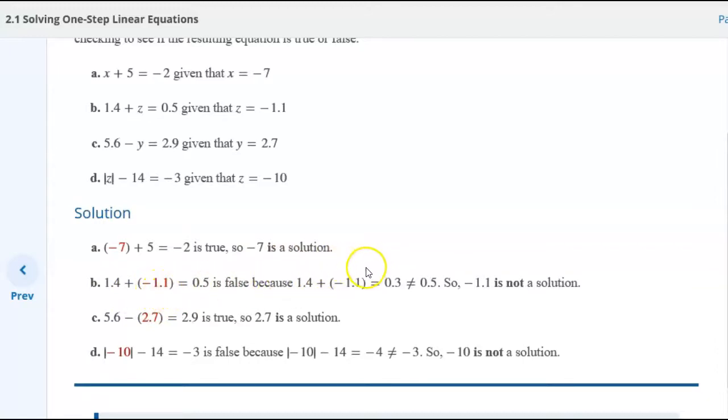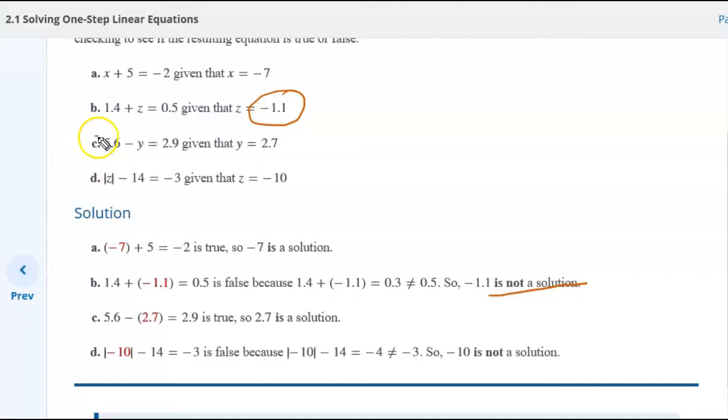So when we do so, we end up with the answer. Take some time, pause the video if needed, and you get 0.3 does not equal 0.5. So in this case, the negative 1.1 is not a solution, and it doesn't check.